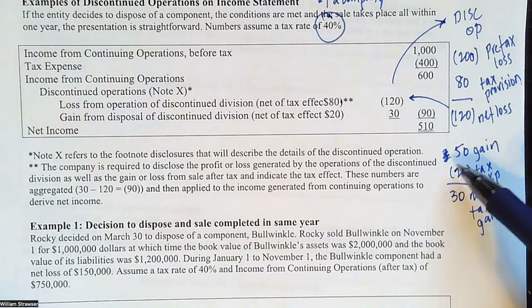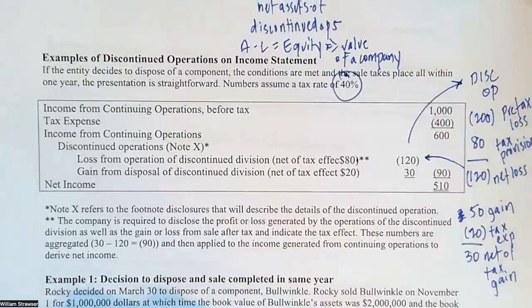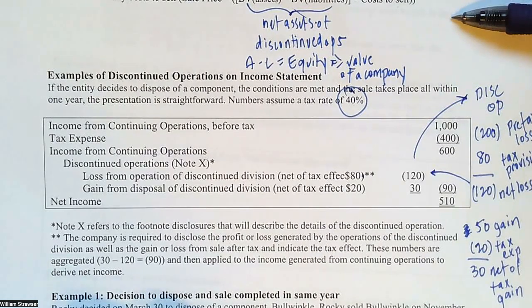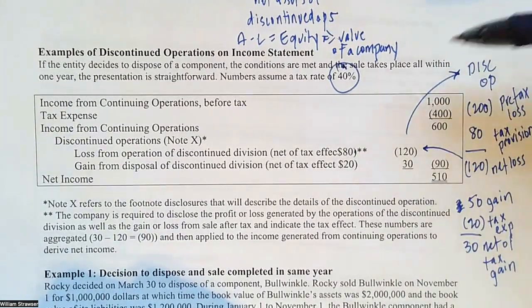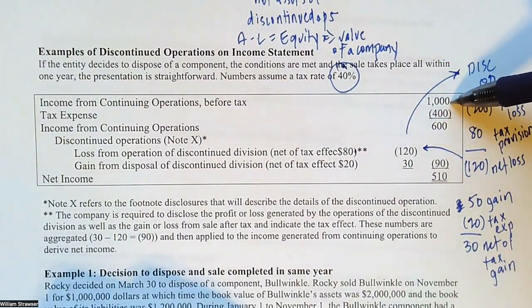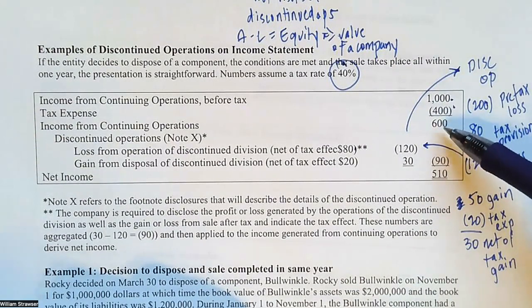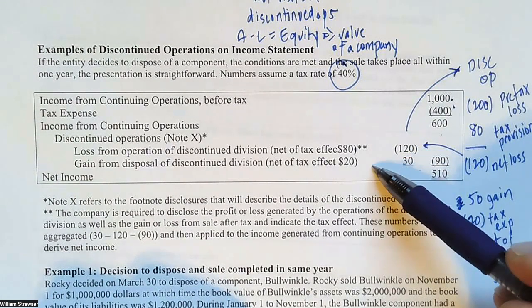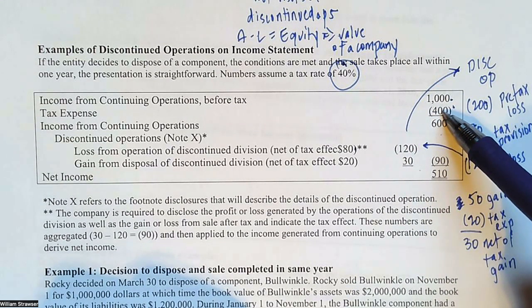So we don't tend to do this for everything. All the items reported above the tax line are reported pre-tax. For the continuing operations of the company, all of that stuff up here, the sales revenue, the COGS, the operating expenses, the non-operating items, was pre-tax, because I summed them all up, brought them all together and got 1,000. And then I took a tax expense on all of them. But when we come below the tax line, we start taking tax off of individual items because they're no longer a part of this cumulative tax expense.